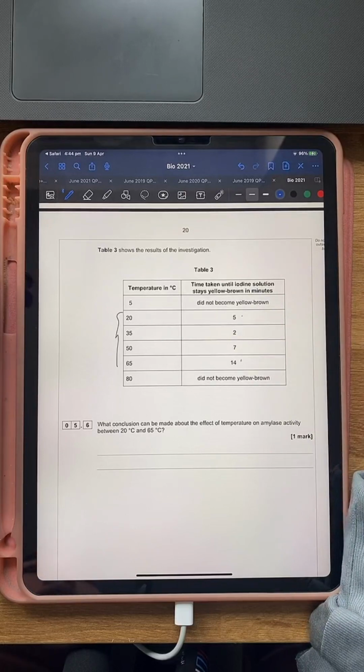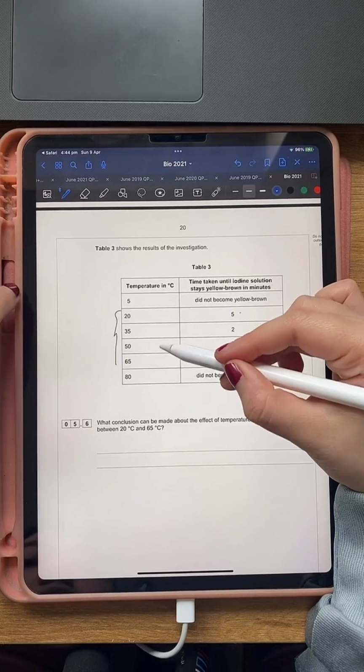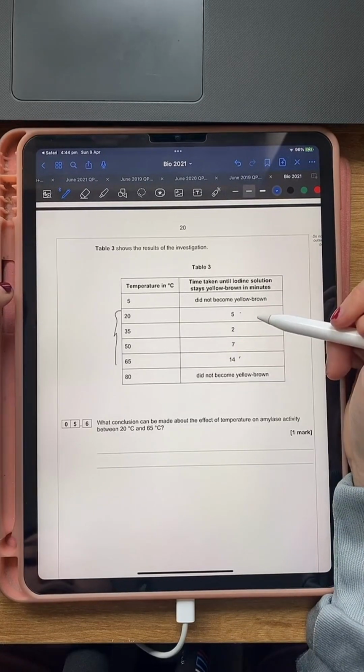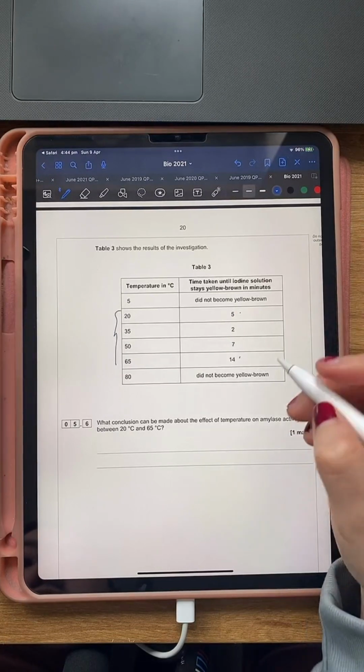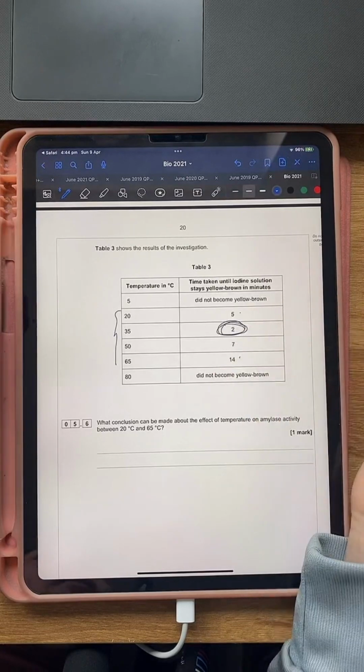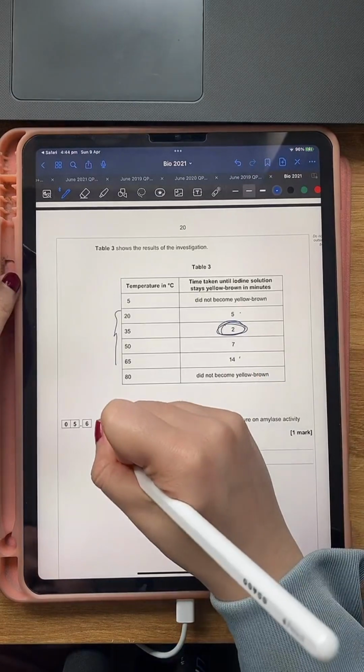Oh, actually, there's one drop here. So you can say, as temperature increases, the activity increases.